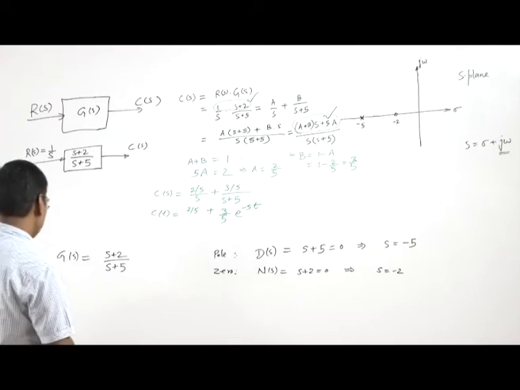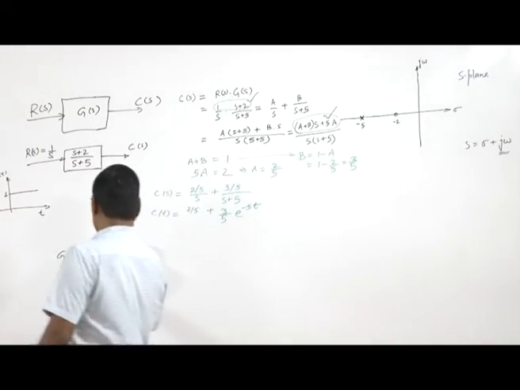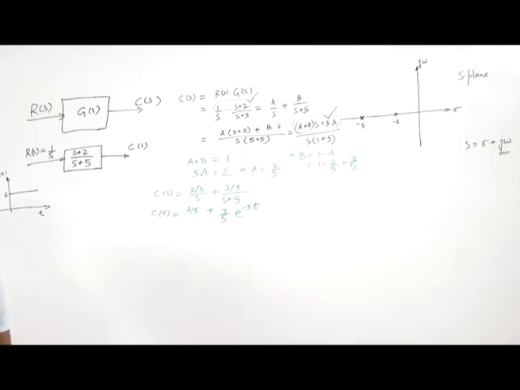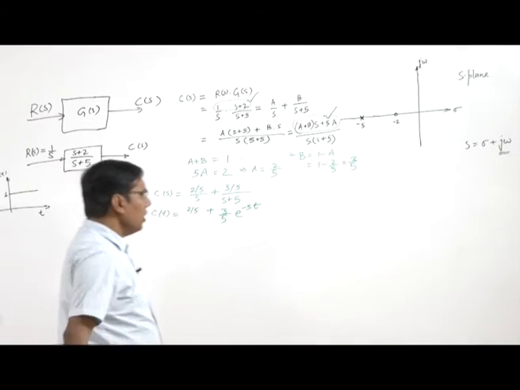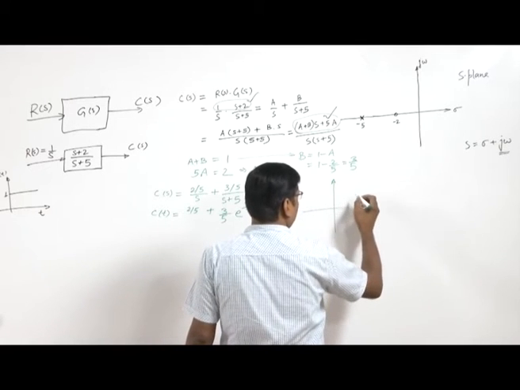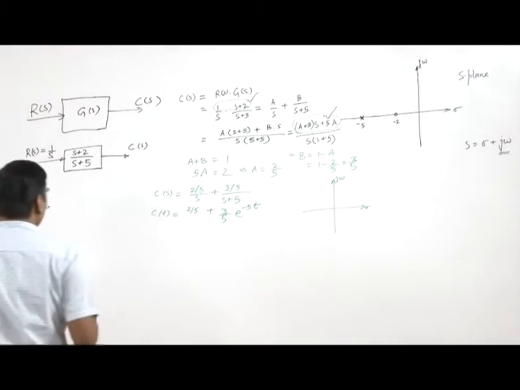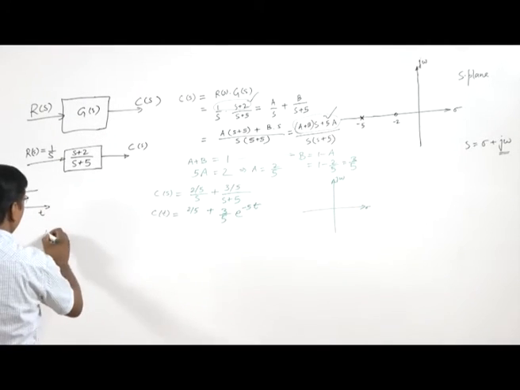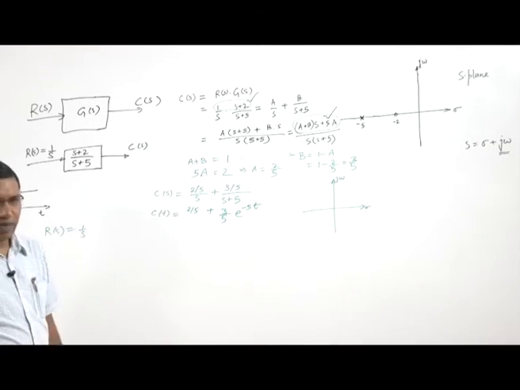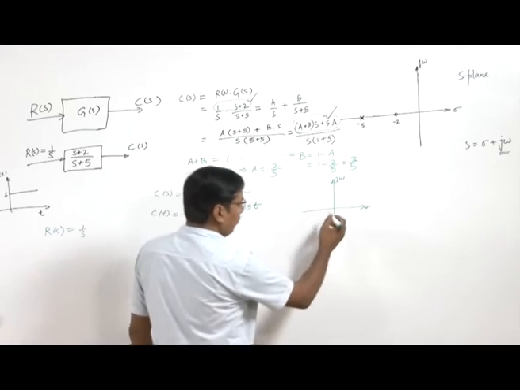So now we can make some conclusions based on this. Here the input is 1 by S, so R(S) is 1 by S. So here we have one pole, that is S equals 0. So S equals 0 is the pole of the input.